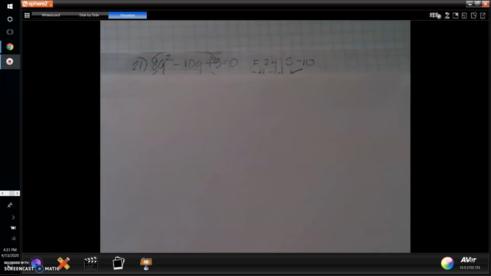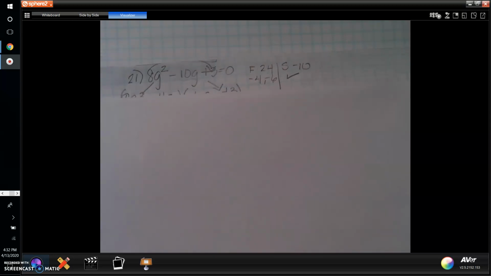Here's 21. This time I need to do what I did in the previous work, but I need to solve. I need to get the answers. So on this one, this is number 21, and I believe the problem is q, not g, but I changed everything to a g for some reason, so that's what we're going to work with. So I need to figure out, if I multiply these together, a factor of 24, combination of negative 10.